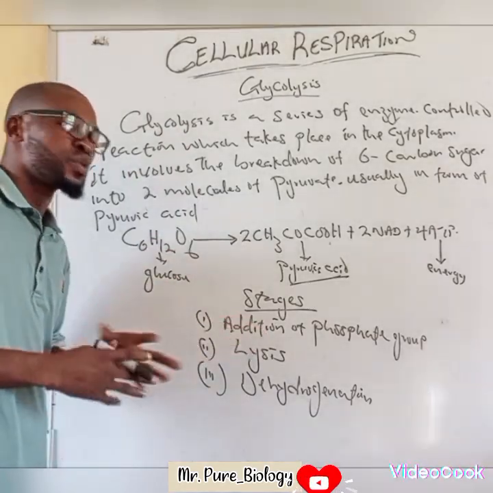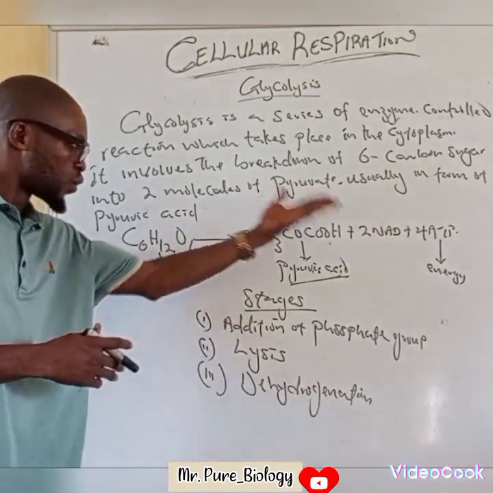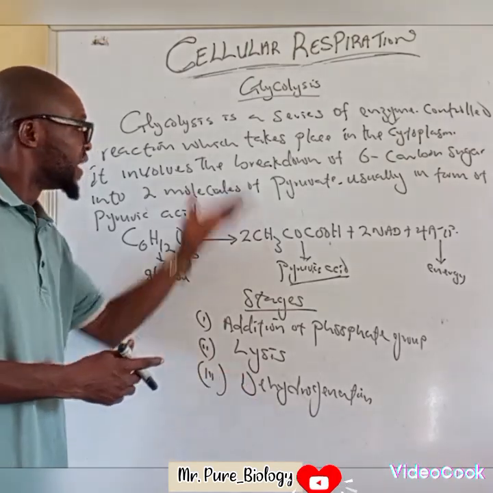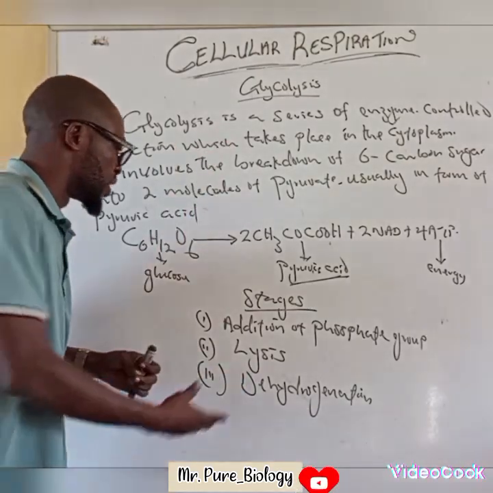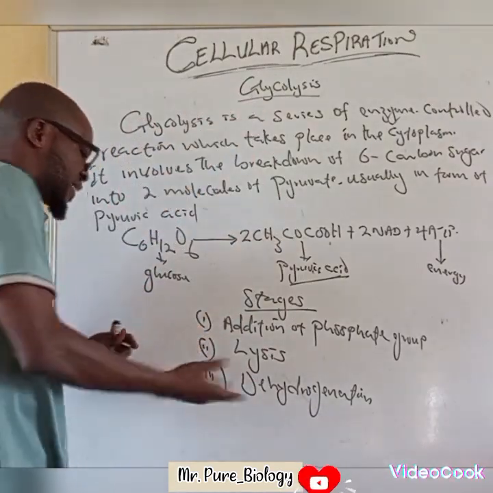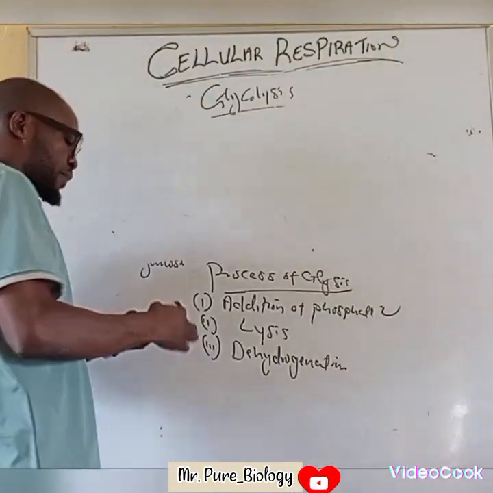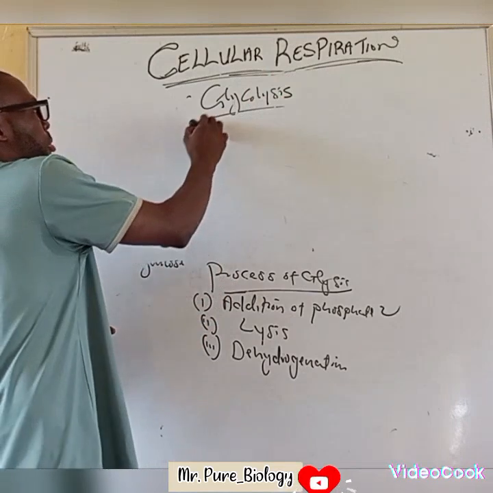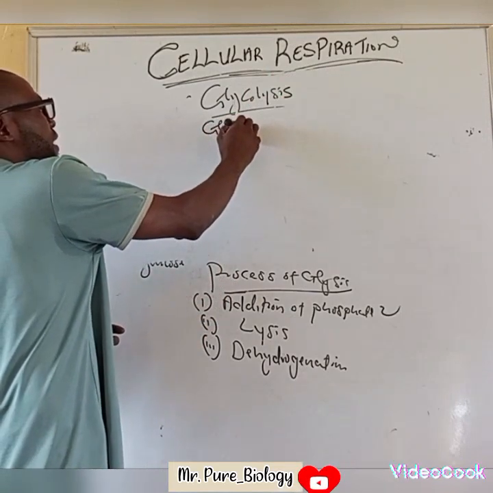How addition of phosphate group occurs to the glucose, and what it later forms, the lysis and dehydrogenation. That is the next step that we are going to look into. That means we are going to have an illustration of glycolysis now. In the illustration, glucose is a 6 carbon sugar.